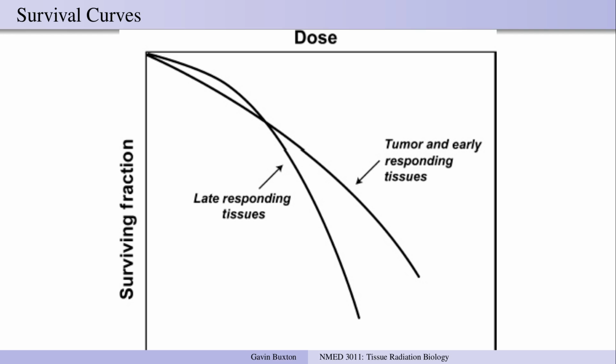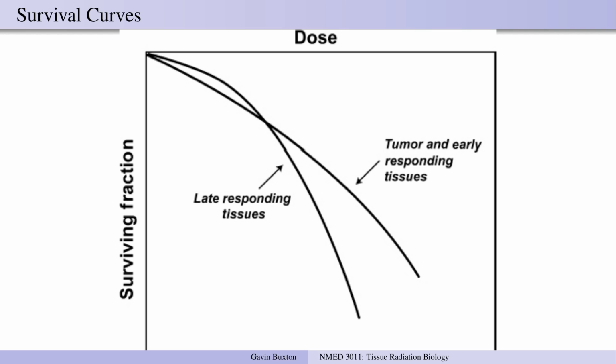What's interesting here is that the late responding tissues and the tumor, or normal acute responding tissues, I guess, have different survival curves. In particular, the late responding tissues are more curved, and the tumor and the early responding tissues are more straight.